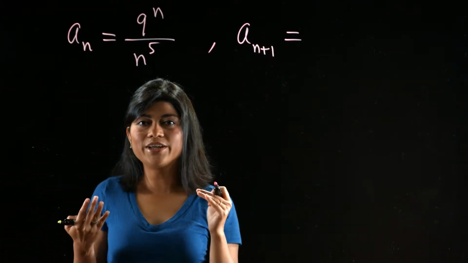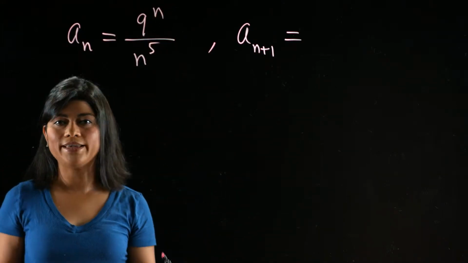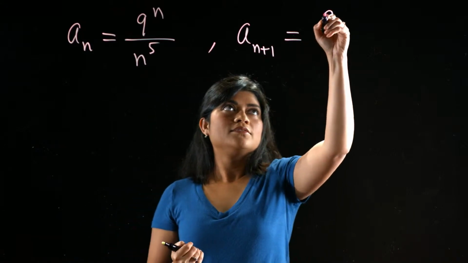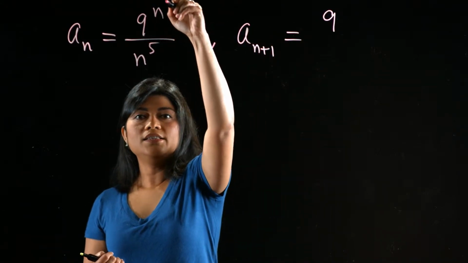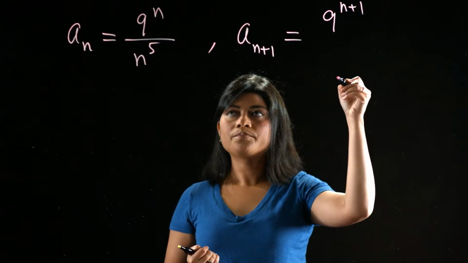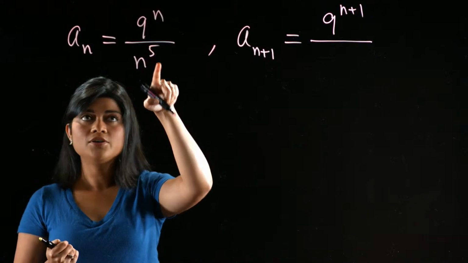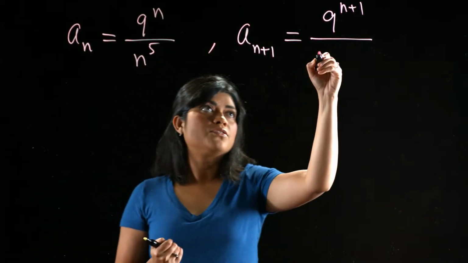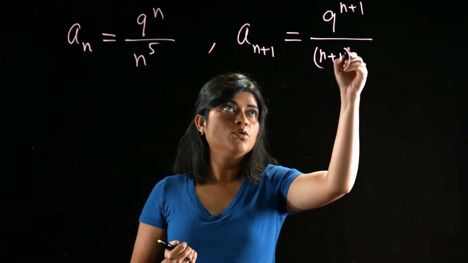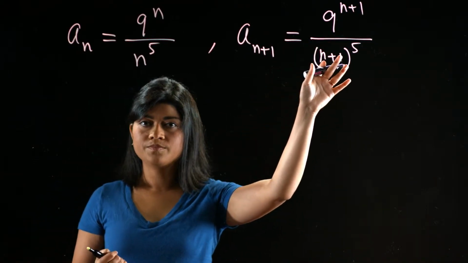What that really means is wherever there is n, you just plug in n plus 1 there. We have n in the exponent of 9, so instead of n, write n plus 1. And we have another n in the denominator to the power 5, so in place of n, write n plus 1 and the whole thing to the power 5. So that's the (n+1)th term.